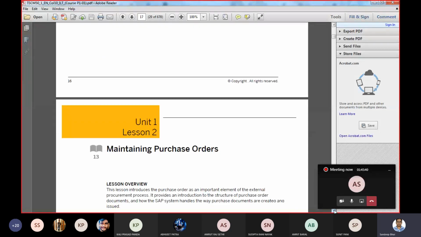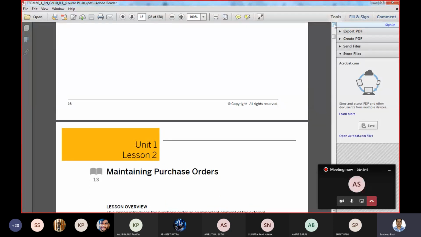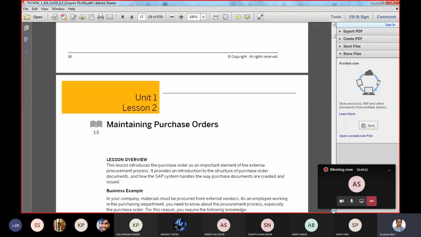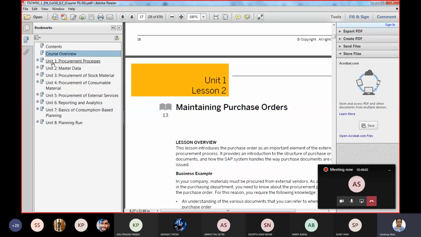So that is what unit 1 lesson 1 is all about. In the next class we will go for maintaining purchase orders. I hope you are clear on unit 1. From next class onwards I will go directly to maintaining purchase orders.